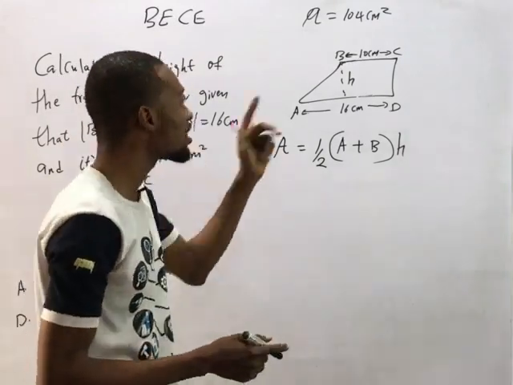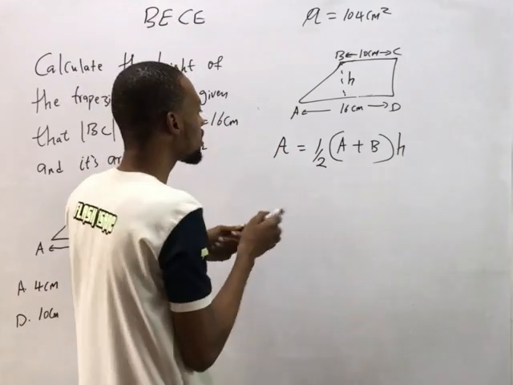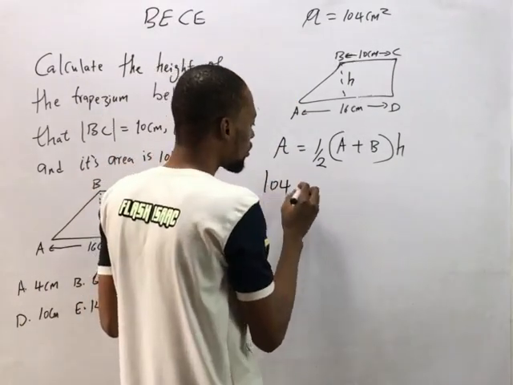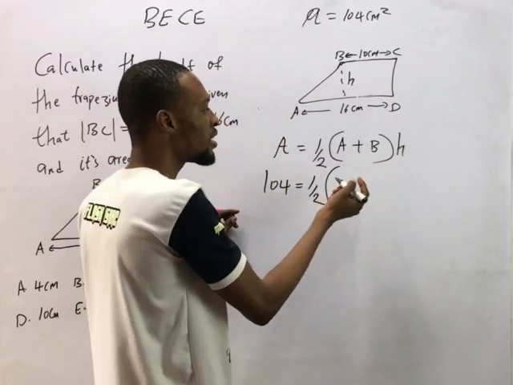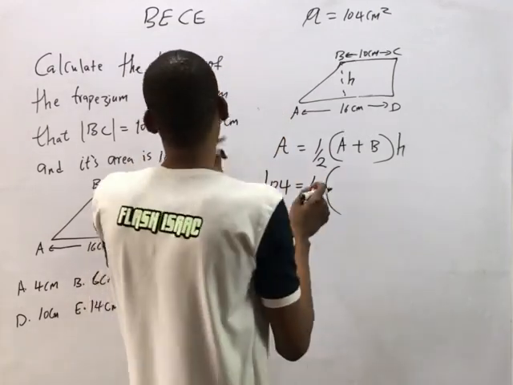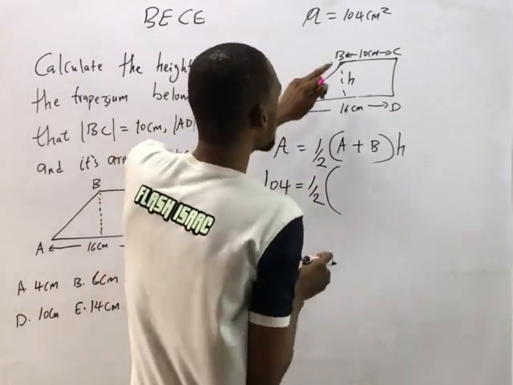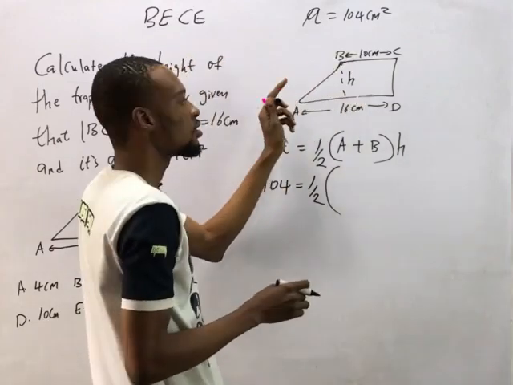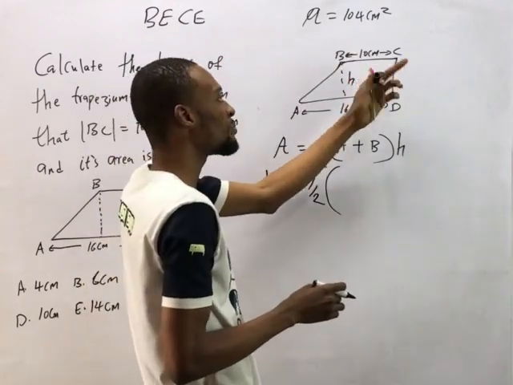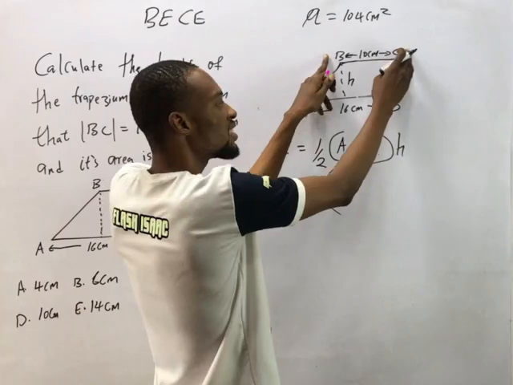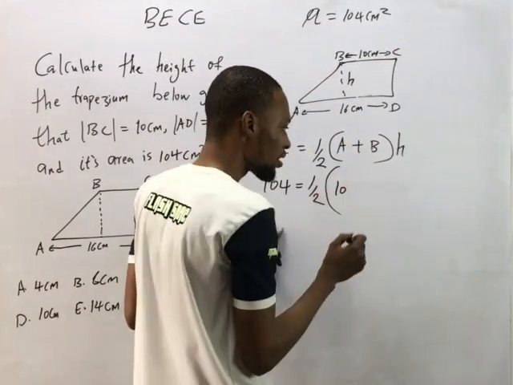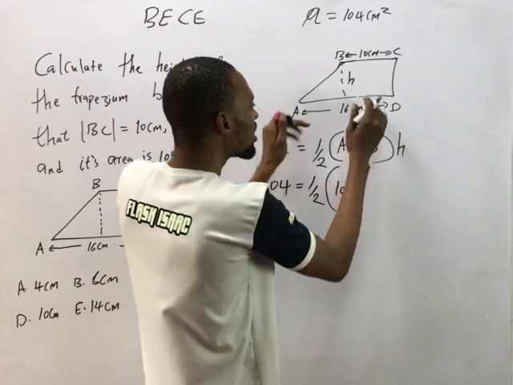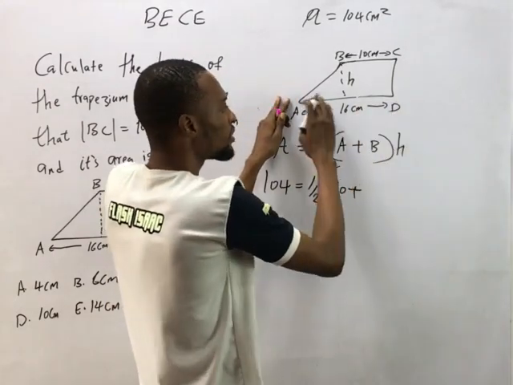Now, substituting, they gave us the area. So area 104 is equal to 1/2 bracket, the sum of the parallel sides. The first, BC, is 10 cm. You could be given another trapezium where here can be 5 or any value, but the distance they give you here, you put it here first, to give you 10, plus B, which is the distance of the bottom from here to here.